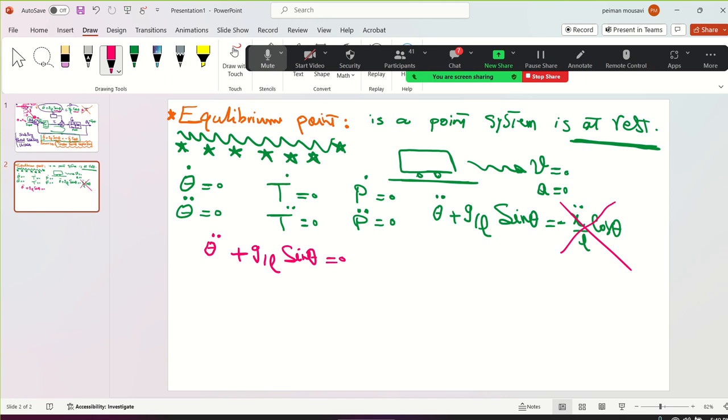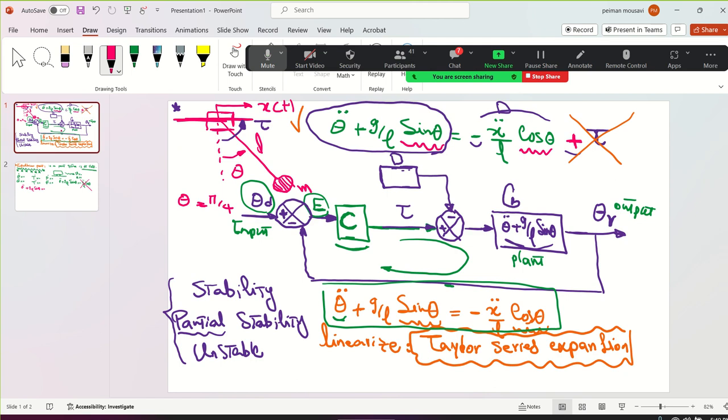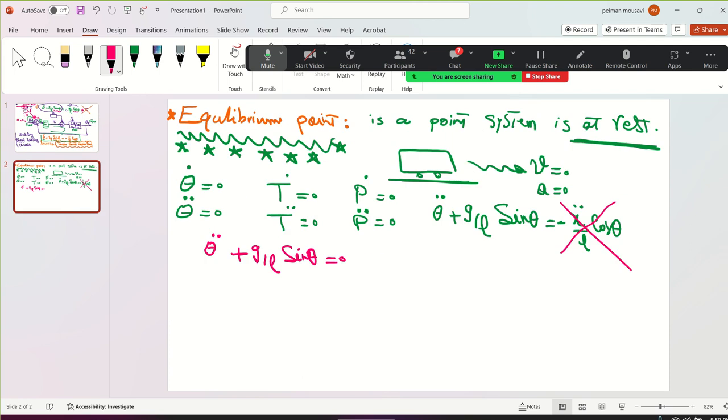And physically it makes sense, because if you apply the x at the hip joint, is your leg going to remain at rest? No, it's going to oscillate. That's right. So you have to remove it from the right-hand side. So as I told you, for the equilibrium point of the moving pendulum, this is zero.